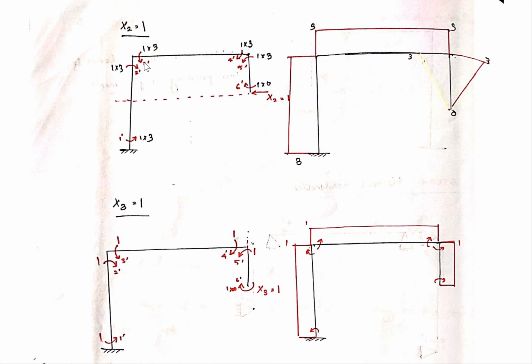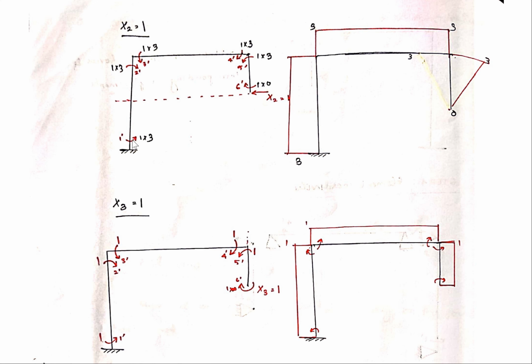The 3rd coordinate will again be 1 into 3 because the distance is 3, in the anti-clockwise direction, and the second coordinate is also 1 into 3 in the clockwise direction.